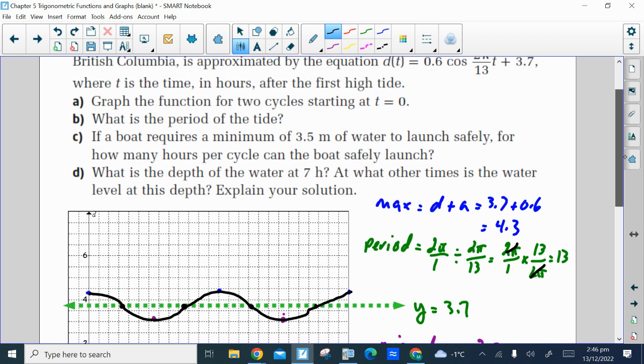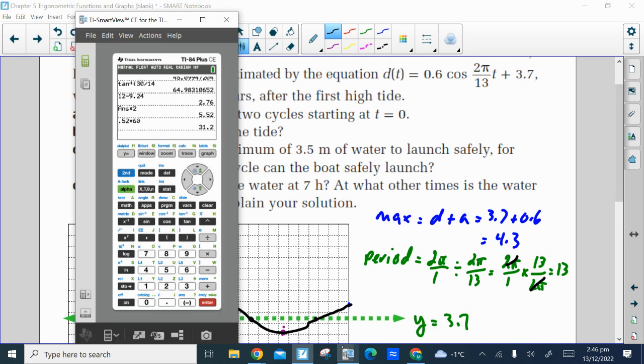And we can check our graph by putting this equation into the calculator. 0.6 times the cosine of 2 pi x over 13, plus 3.7.